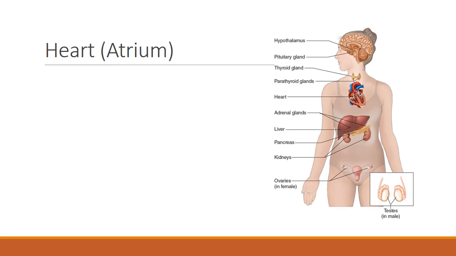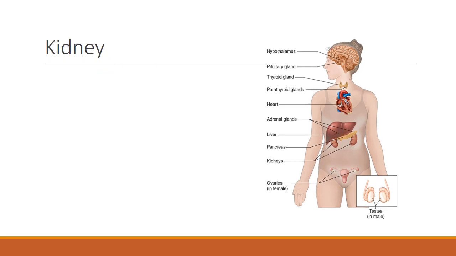And in the heart, particularly the atrium, atrial peptide is a hormone, and this just helps to regulate sodium, potassium, and fluid volume, because again, regulating fluid volume is going to help maintain a certain amount of blood circulating throughout the body. And then the kidneys function with this as well.